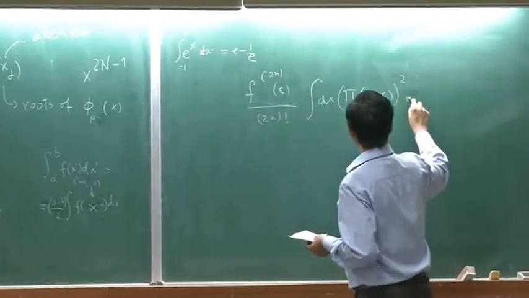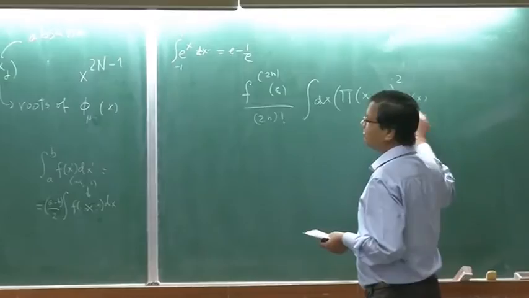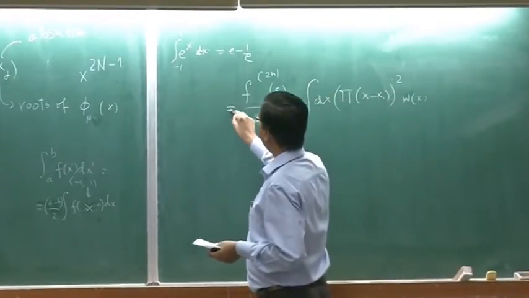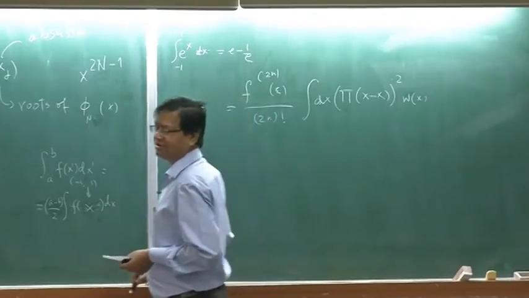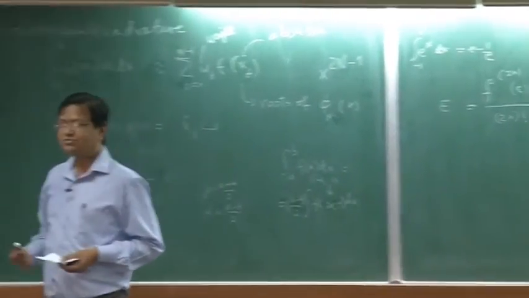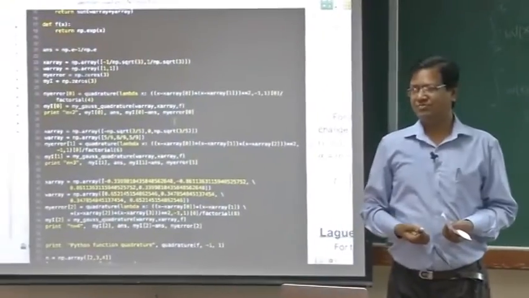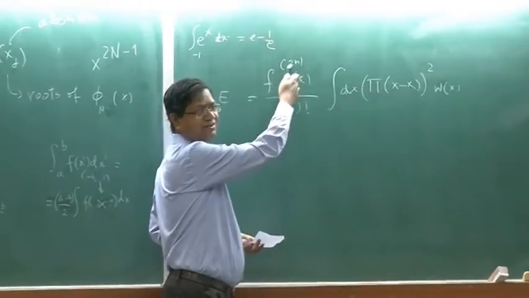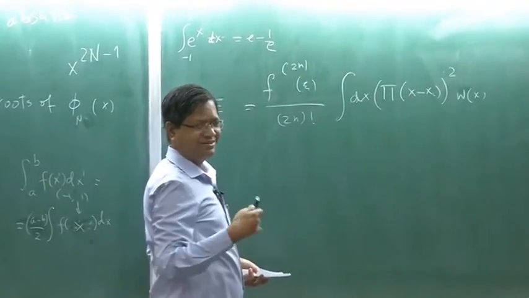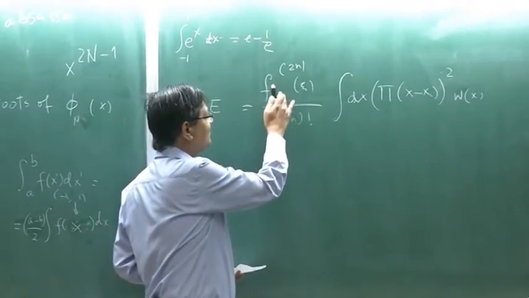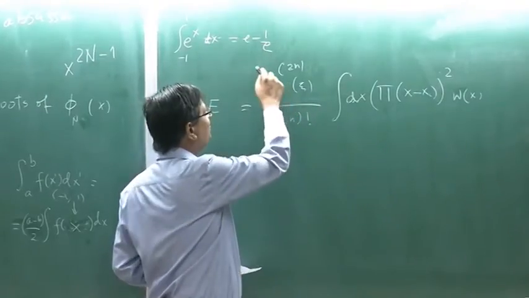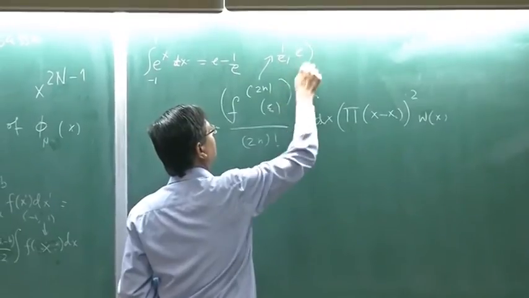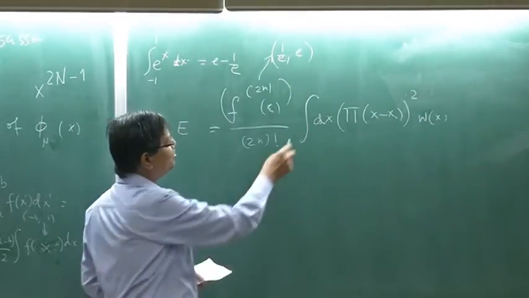So W x, I need integral of this, so this product. So this is the error, but zeta I don't know, so I can get only a bound. So what I compute here is, this is order 1, right, the derivative of exponential is the same. So it is bounded from, so we compute this object.